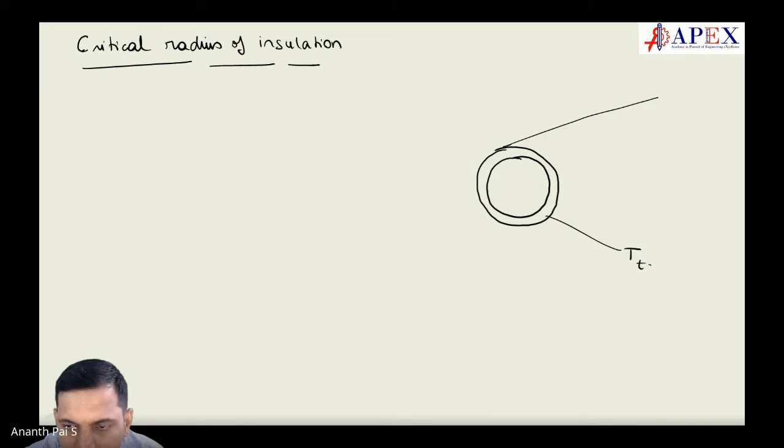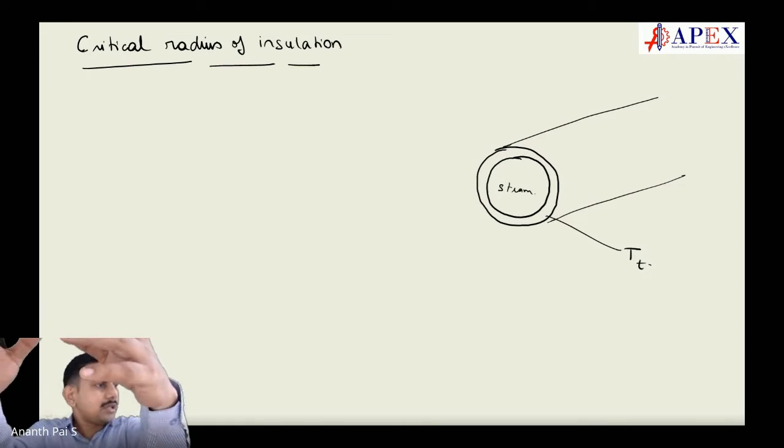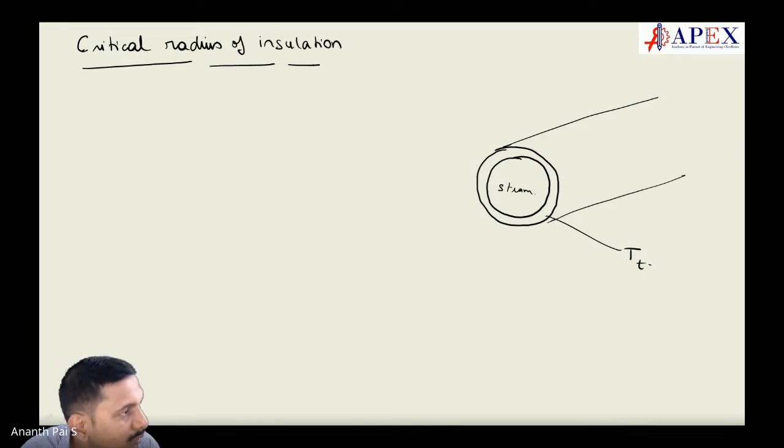We don't know what the tube material is. Tube material can be generally galvanized iron. So when you have a galvanized iron tube, now there is steam inside. In case you have steam inside, you want the heated steam, the heat should not go. If it goes off, then what happens? Steam starts condensing, and you cannot use it in the steam turbine. So you decide to insulate.